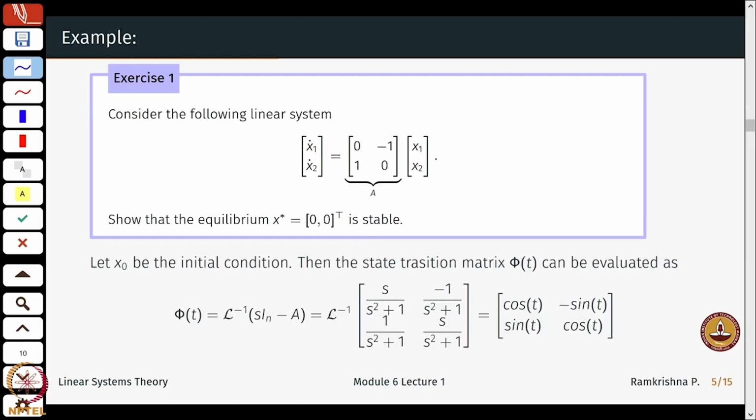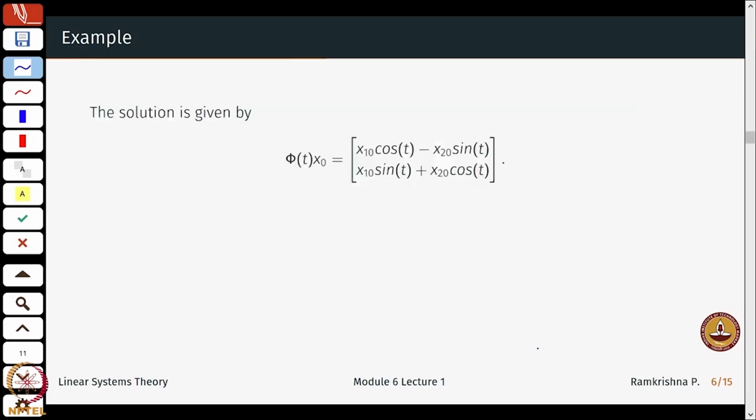Let's first compute the solution, and for simplicity assume that the initial time is 0. Let x naught be the initial condition. Then the state transition matrix, we know how it is computed. I'll not go into the steps, but by now we know how to compute it. So given any initial condition x naught, a 2-dimensional vector with components x1 naught and x2 naught, the solution will look something like this.